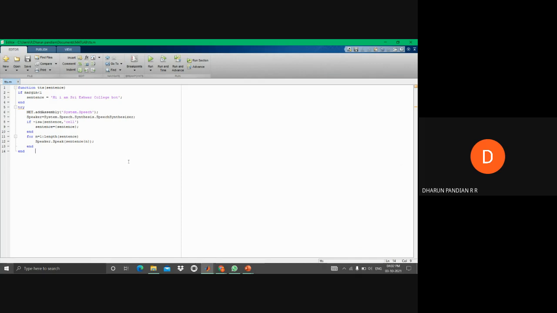If nargin is less than 1, it means the number of words in the sentence. The sentence is what we are going to change to audio. Then we use try, in which we declare NET.addAssembly System.Speech.